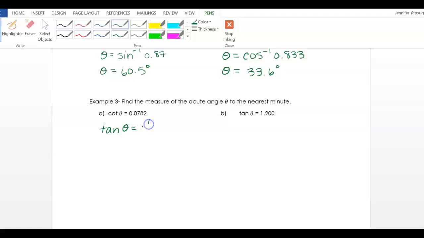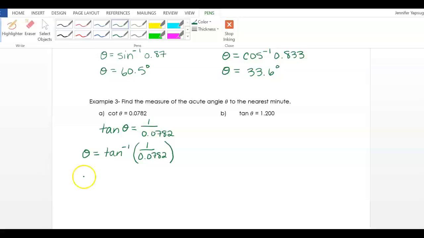So that would be 1 over 0.0782. And then just like the last example, we need to use our inverse function of tangent to find that angle degree. So we're going to say theta is equal to the inverse of tangent of 1 over 0.0782.